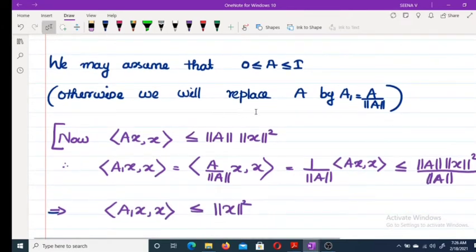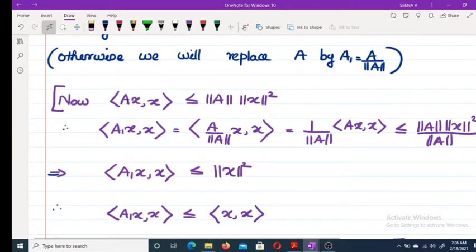And here now if we replace, we have inner product axx less than or equal to norm of a into norm of x square. That is, the inner product a1x x equals norm of a inverse times inner product axx, and this is less than or equal to norm of x square.